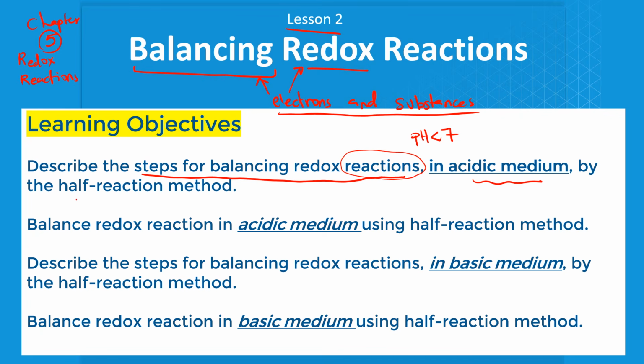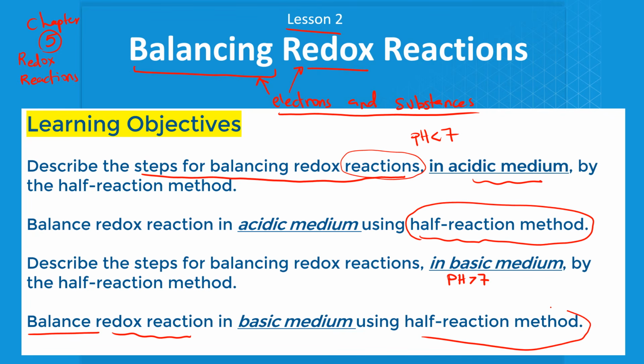And then we will learn how to apply these steps using the half reaction method, which we are going to see. We are going to do the same thing, but now for a basic solution where the pH is bigger than 7, and we will balance the redox reaction using the half reaction method as well. You are going to see everything throughout the PowerPoint presentation, inshallah.